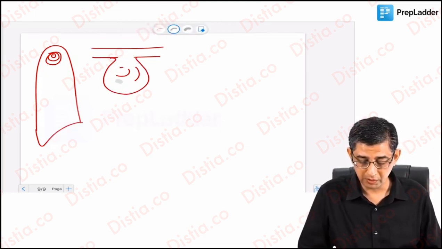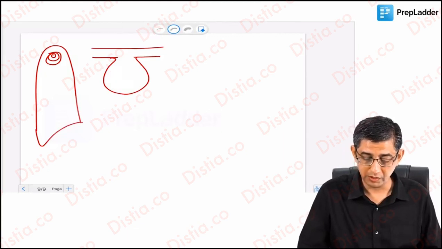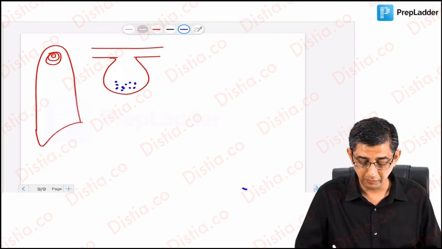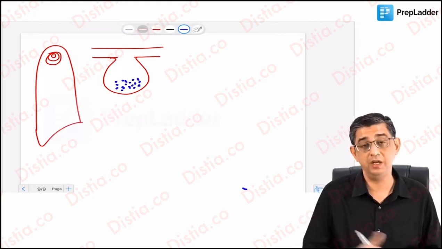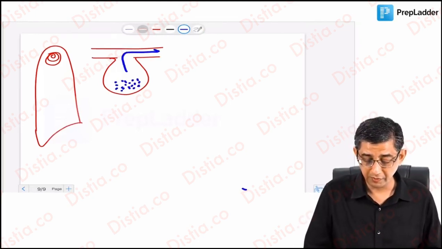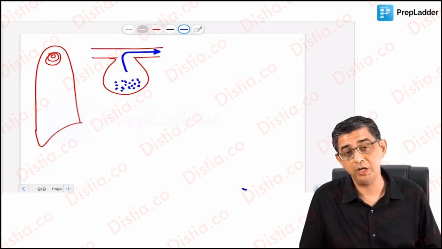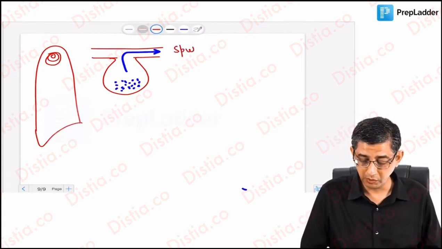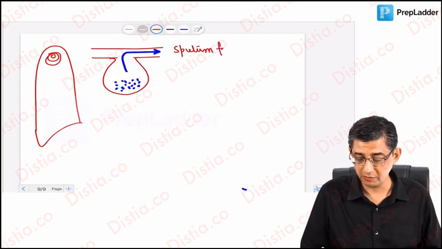The same cavity has now eroded into the bronchus, and inside this cavity are present millions and trillions of Mycobacterium tuberculosis bacilli. Every time this person coughs, the bacteria will come in the sputum, and therefore this gentleman will become sputum for acid fast bacteria positive.